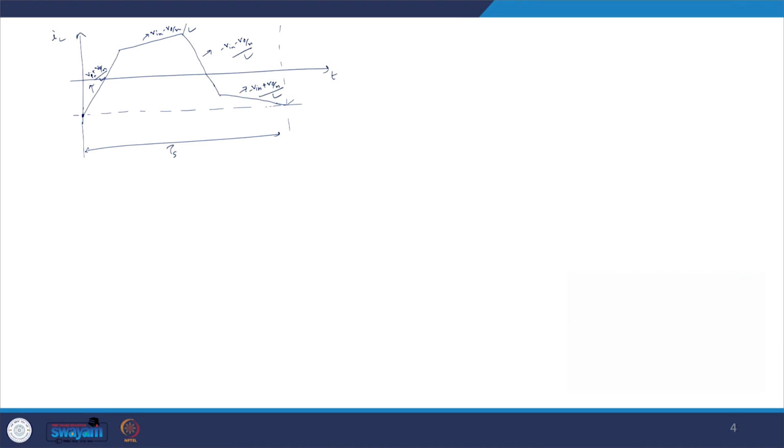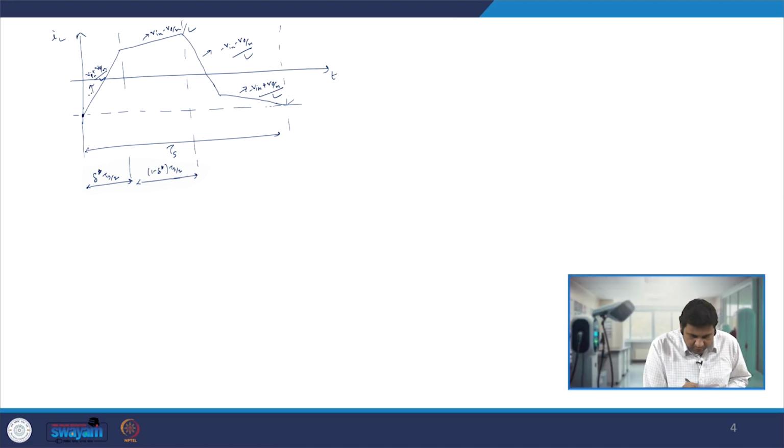And if we see in all the three things, let us define some of the things here. From here to here it is δ*Ts/2, and from here to here we have (1 - δ*)Ts/2. Let us define from this point to this point as our T1, and from this point to this point as our T2.